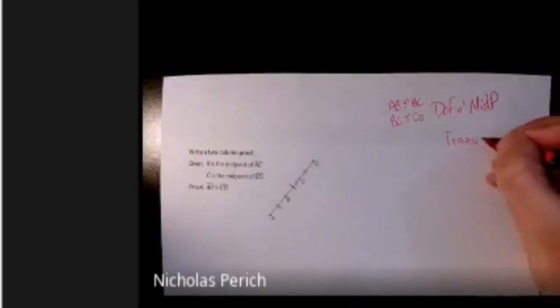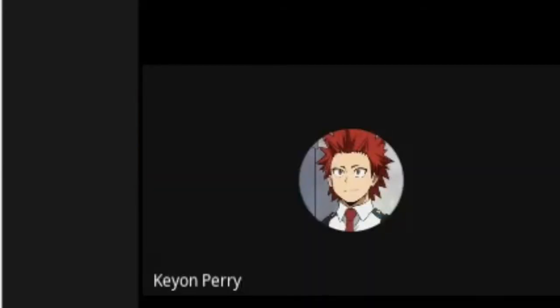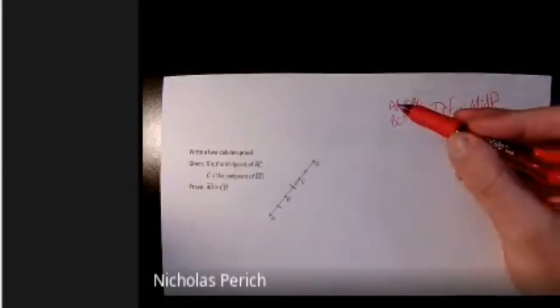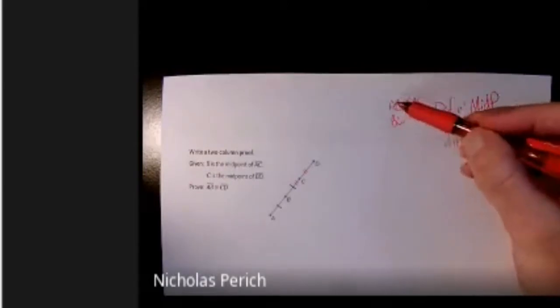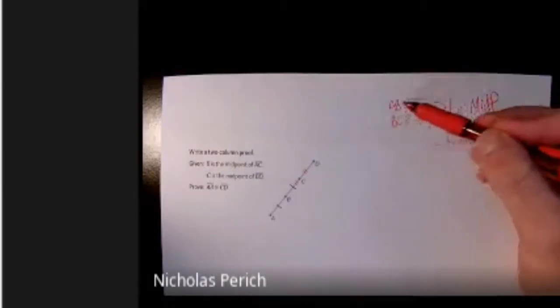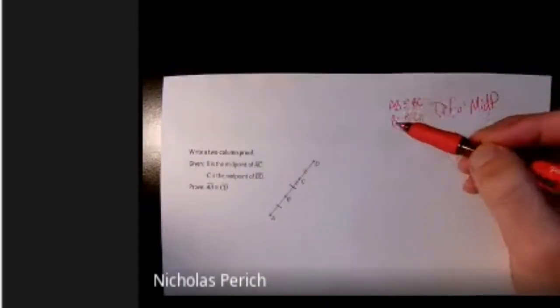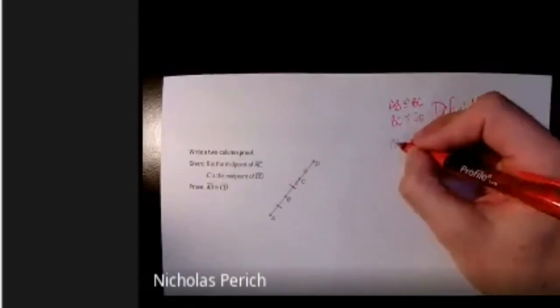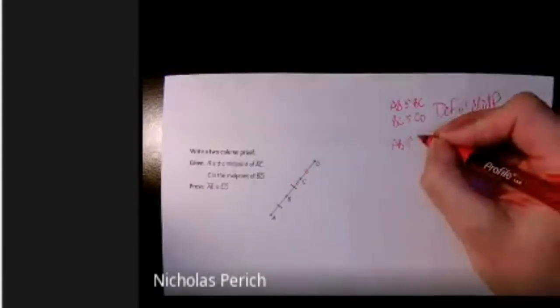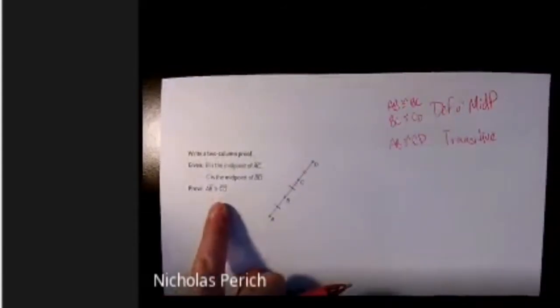What are congruent? All the lines. Good, correct. If AB is BC and BC is CD, then all of these are going to be congruent to each other. So AB is congruent to CD, which is what I need to find.